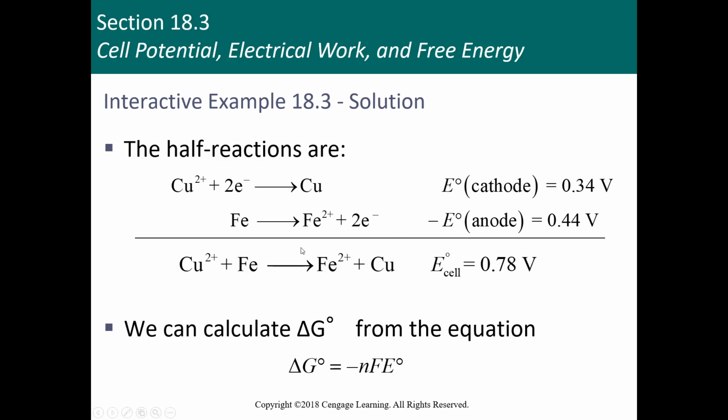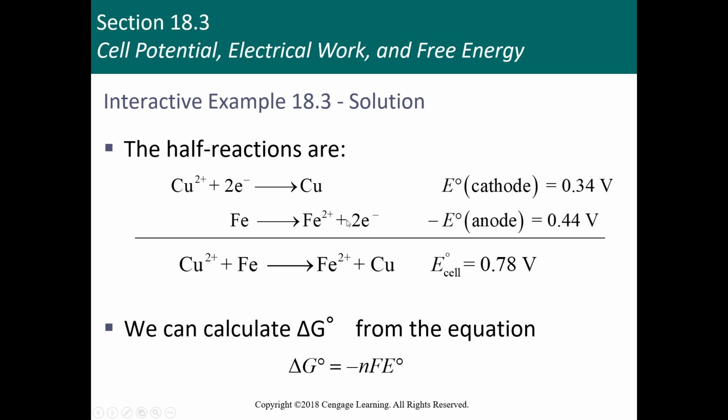When you look at this, you may be going, what is this n? Which one do I select for this n? Well, you're talking about moles of electrons here, right? So the n is always the number of electrons, which you have to make equal to get your overall reaction, don't you?